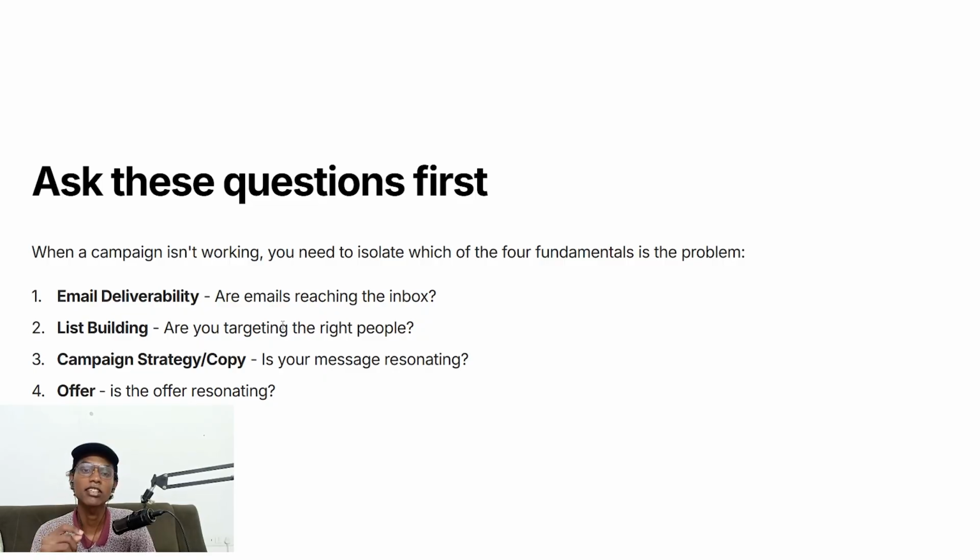You need to test that. And number four is the offer resonating? Is the offer good enough for them to say yes to? Ask these questions first to start figuring out how you can actually fix these campaigns.